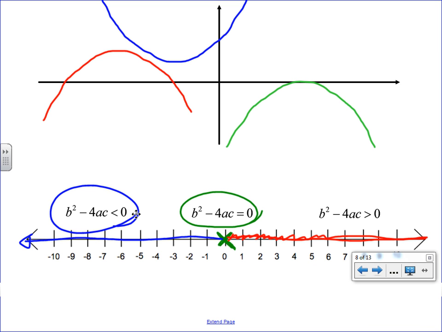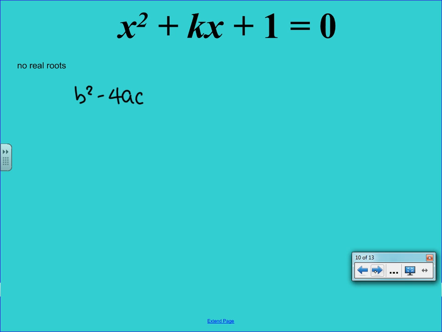So we know that b squared minus 4ac must be less than 0. So this is less than 0, exactly. So k squared minus 4 is the same number, it's less than 0. Yeah, 4, 1, 1, yeah. 4 times, A is 1, C is 1, 1 times 1 is 1, yeah, that's right. So k squared is less than 4.